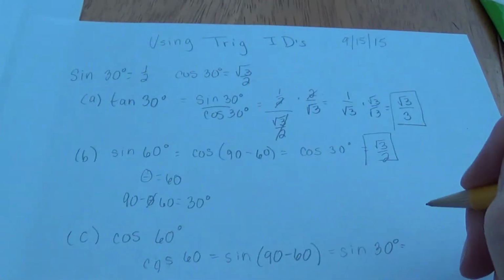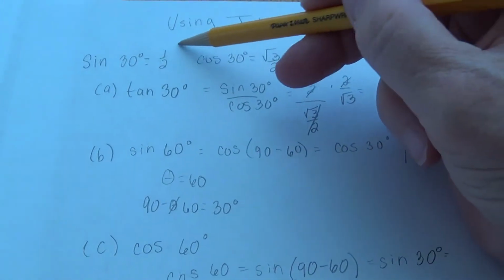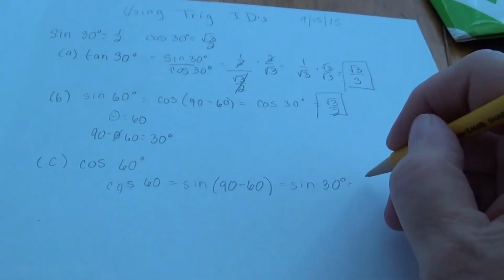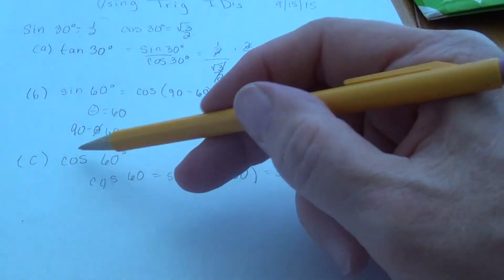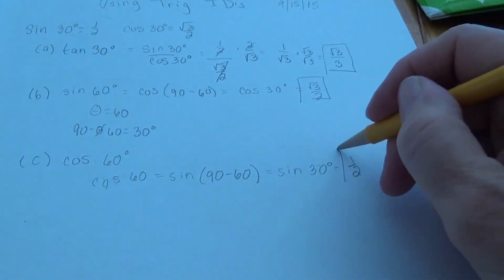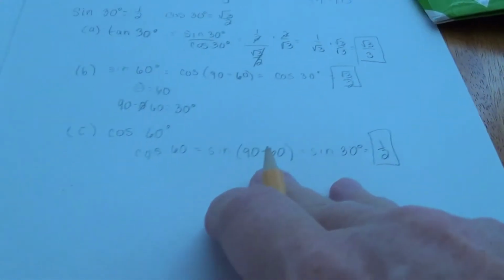And I gave you that to start with. Sine of 30 is 1/2. So the sine of 30 is the same as the cosine of 60. So the answer is 1/2.